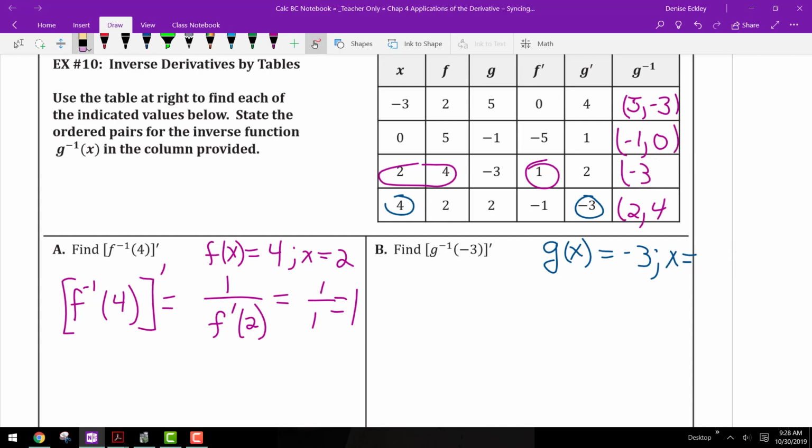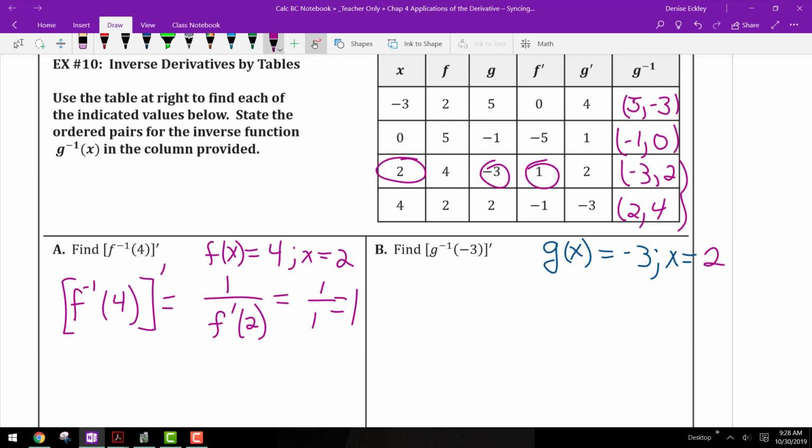Whoops. I'm looking at f there. Sorry, I apologize for that. Okay, so where g is negative 3, x is going to be 2. So x is 2 here. I apologize for that.